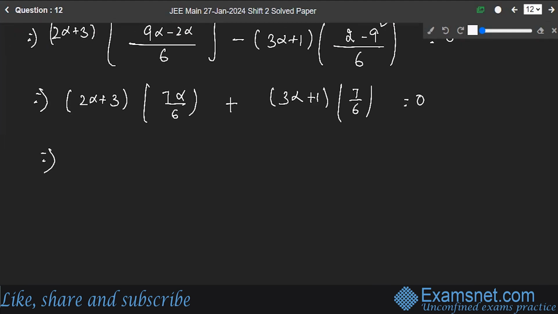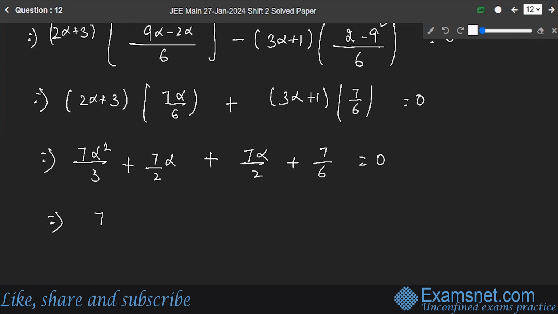So this will be 3 alpha plus 1, 7 by 6 is equal to 0. Now let's open this. You will have 7 alpha square upon 3, plus 7 by 2 alpha, plus 7 alpha upon 2, plus 7 by 6. Right? So this will be 7 alpha squared upon 3, plus 7 alpha, plus 7 by 6.